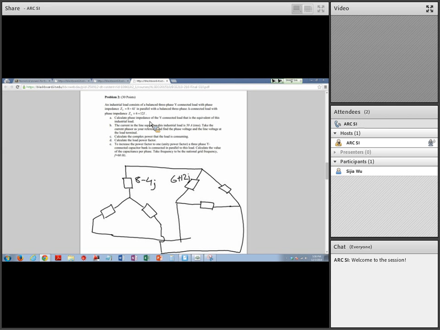So Y is a third of the delta. If that's the case, the equivalent of this would be 3 plus 6j, transferred into Y. Since they wanted Y, we're transferring into Y. If they wanted delta, you could transfer the left one into delta.